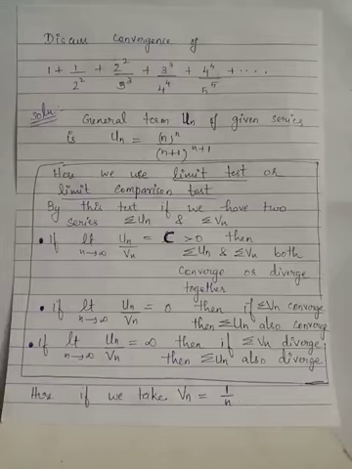If this limit is 0, then if the familiar series summation vn converges, summation un, the given series will also converge. If you evaluate the limit and find the answer to be infinity, then if the familiar series summation vn diverges, then the given series summation un will also diverge. This is the general limit comparison test.